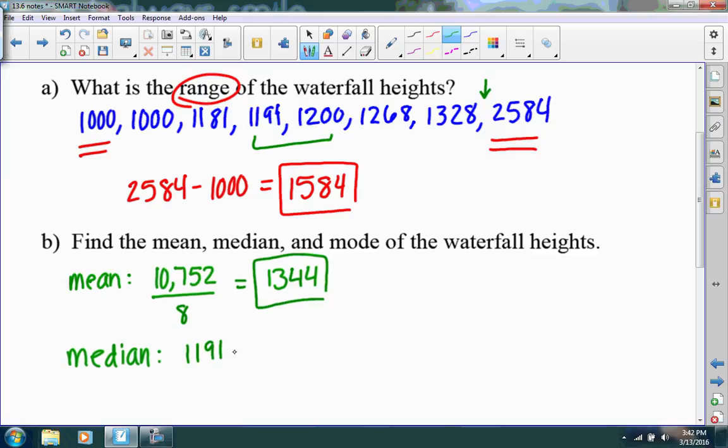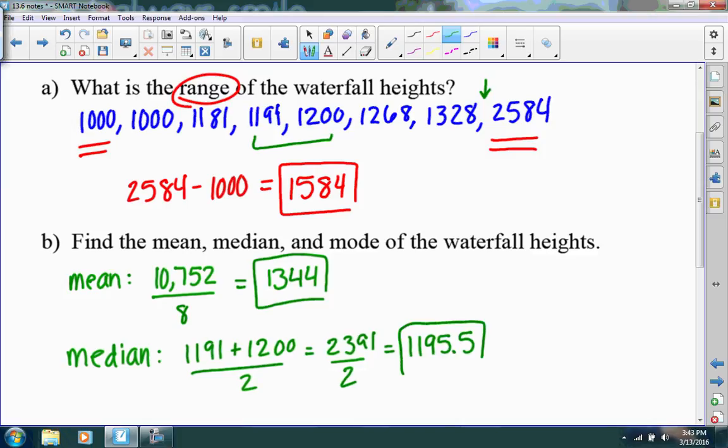So 1,191 plus 1,200, add those up and then divide by 2. When I add those, I should get 2,391. And then when I divide by 2, we should get 1,195.5. We're going to get a decimal here, and that's okay for the median. Sometimes for an average you might get a decimal as well, and that's okay.